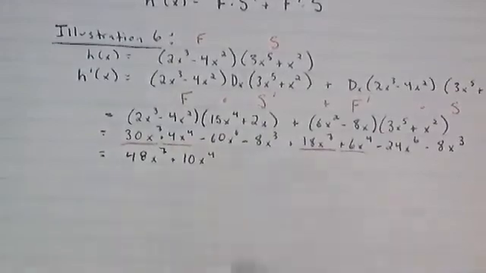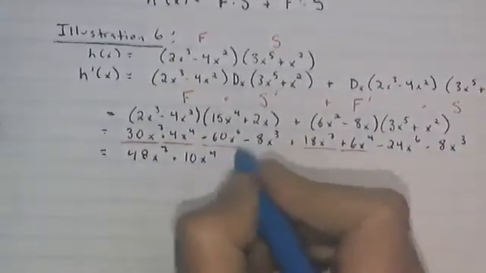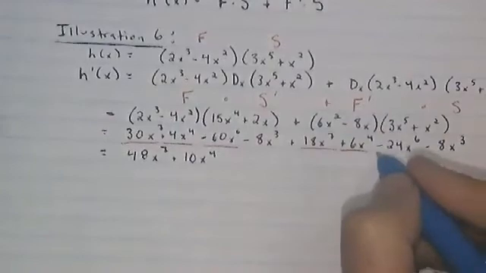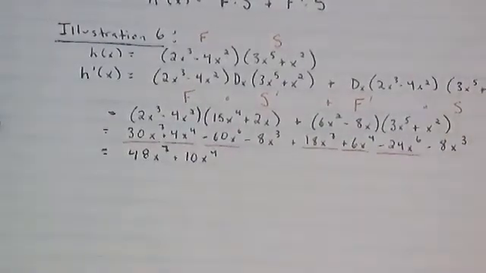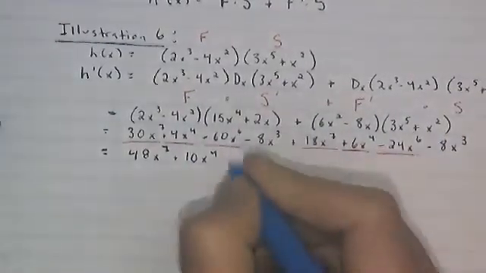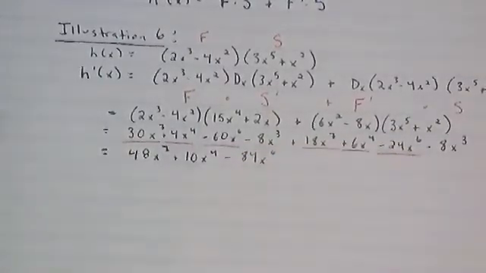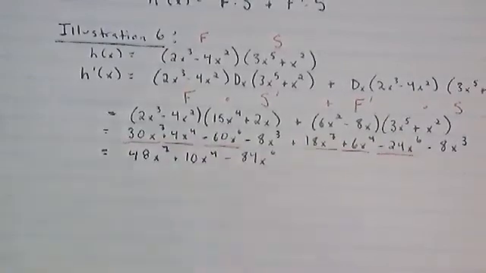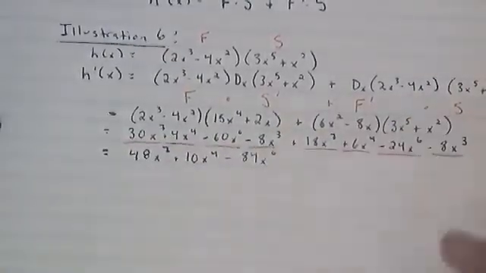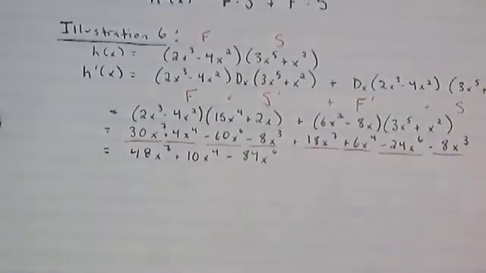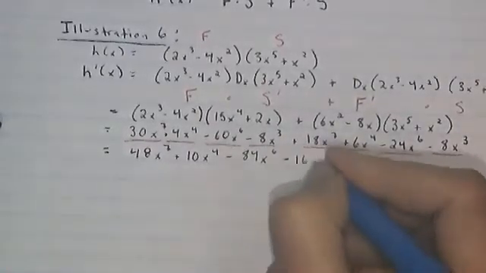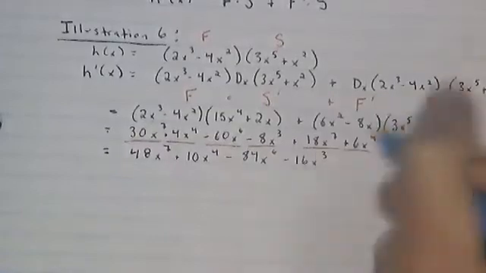My x to the sixth terms look like negative 60x to the sixth, negative 24x to the sixth, like negative 84x to the sixth, and then I've got two negative 8x cubeds. I'm really hoping we didn't make any mistakes along the way. Negative 16x cubed.